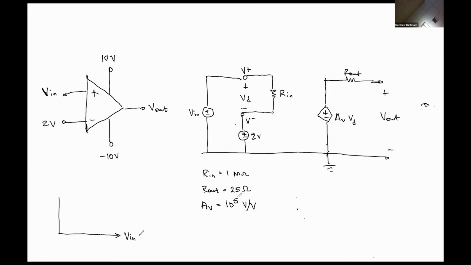So let's start with something fairly straightforward. If Vin were 1 volt, or 0 volts, let's start there. Dang it. I gotta get used to drawing on this thing.